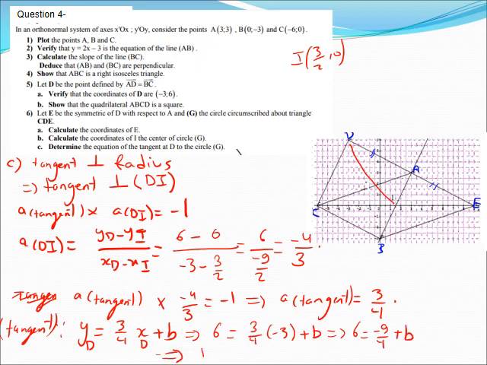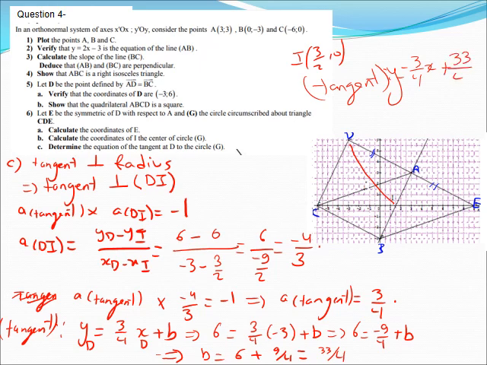So b equals 6 plus 9 over 4, 33 over 4. So the equation of the tangent is y equals 3 over 4 x plus 33 over 4.